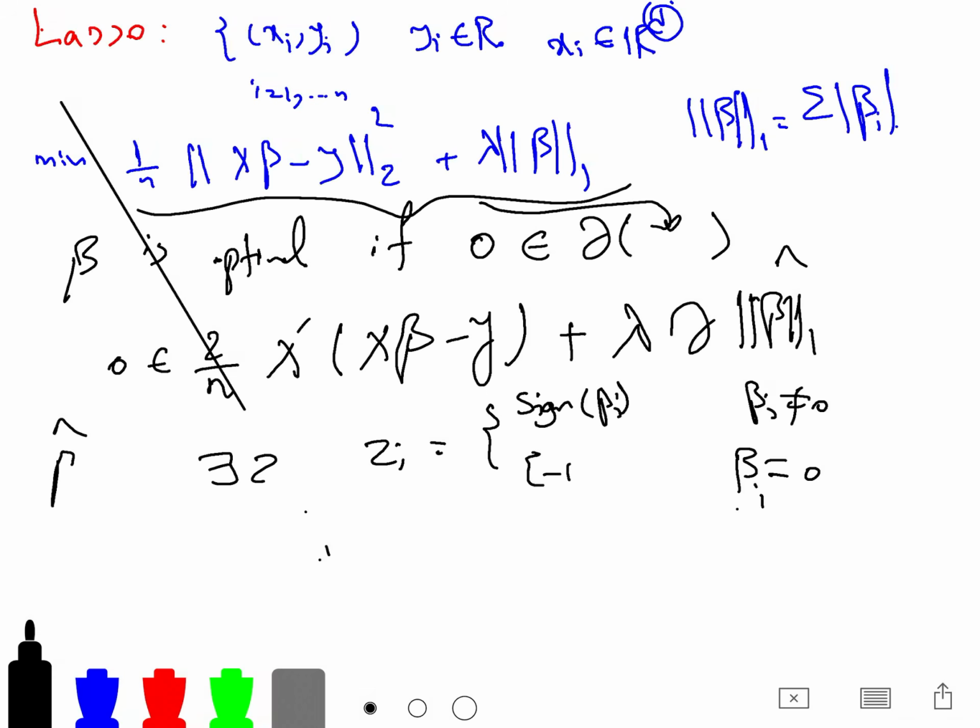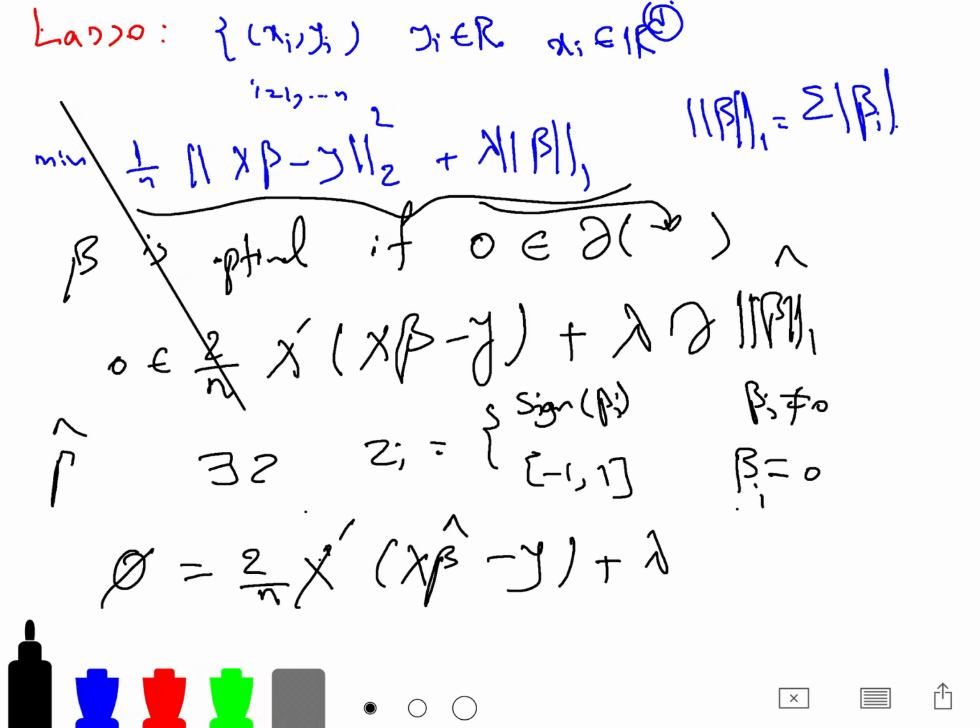Then z_i is any number inside the interval from minus 1 to 1. So finally, you can say that 0 is equal to 2 by n X transpose (X beta minus y) plus lambda z.